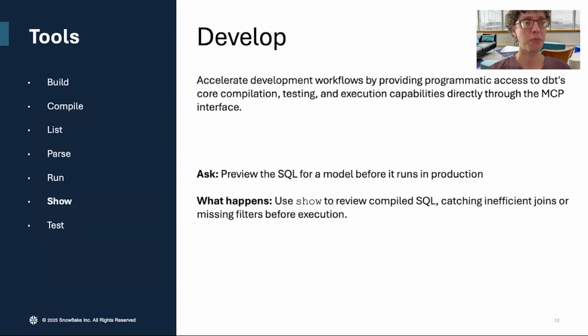And I want to highlight a particularly useful tool here, which is the show tool. So if you have ever built a dbt model, you know that a very important part of the iteration process is actually looking at your data. You want to go and make a transformation, write a model, and then see what actually happens. So using the show tool, the model will actually show you what it has done. And so the iteration loop there is, I make a request of the model to build a transformation.